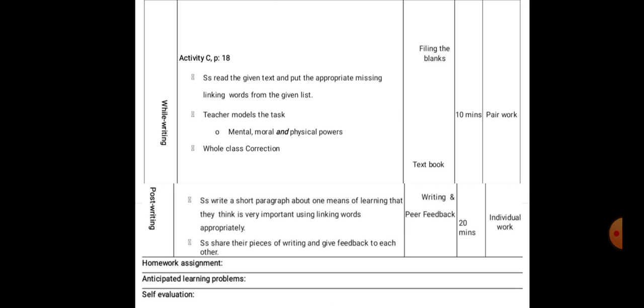And we end this lesson by giving homework. And we mention the anticipated and expected learning problems that I may face or students may face.